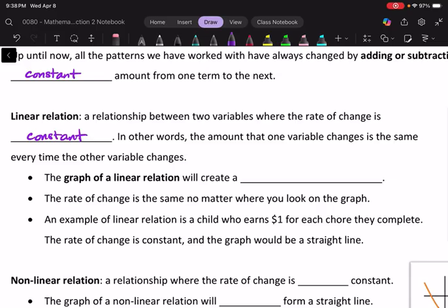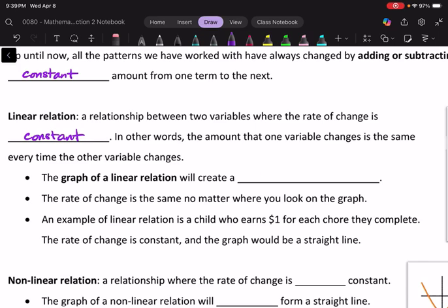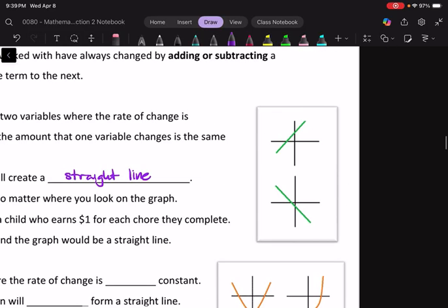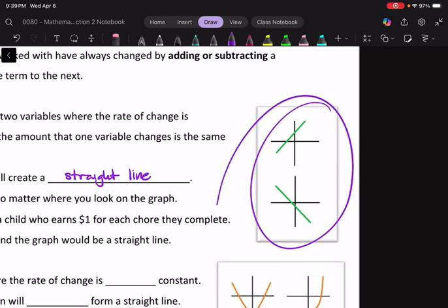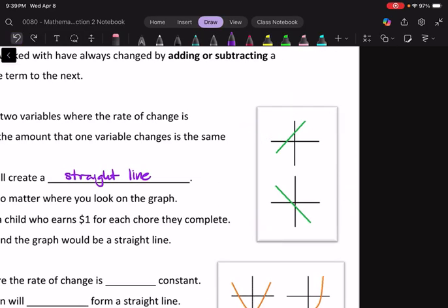And we call it a linear relation because of what its graph looks like. The graph of a linear relation is going to give you a straight line. And just to be clear, we're talking about images like these. Those are linear relations.